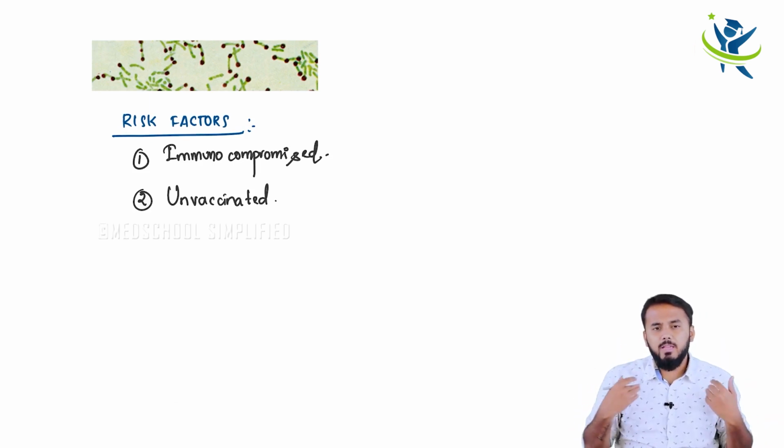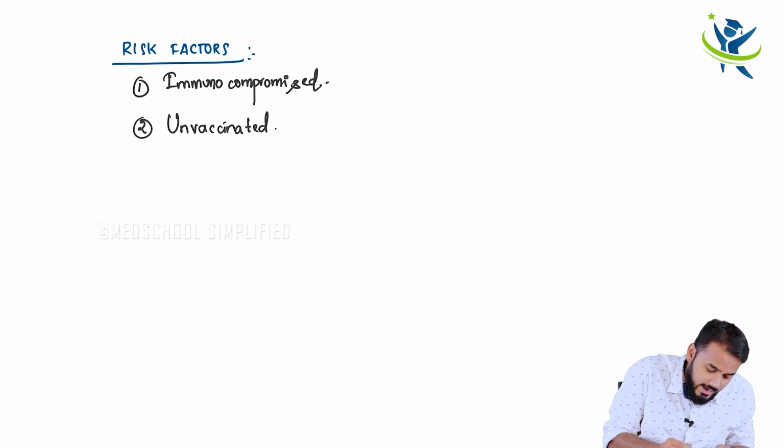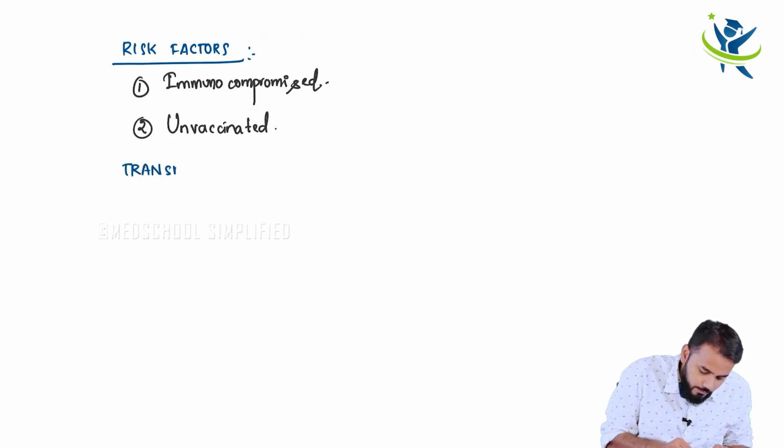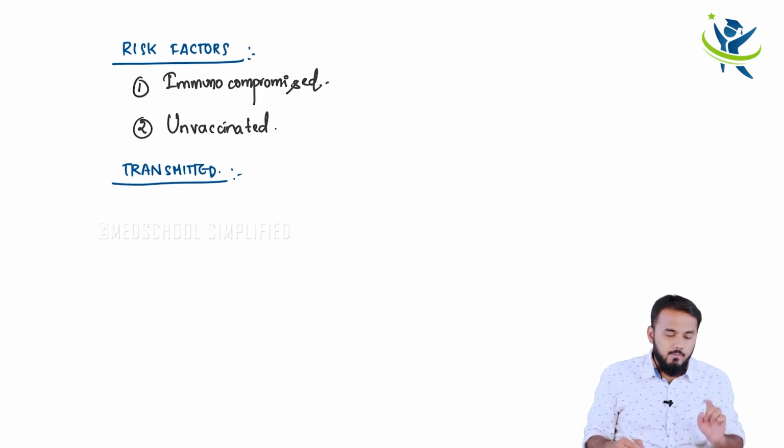Can you tell me how am I going to get infected with this Corynebacterium diphtheriae? How is this getting transmitted to you? Two ways, guys, two ways. One way is that, for example, I have Corynebacterium diphtheriae and you're sitting in front of me and I cough.